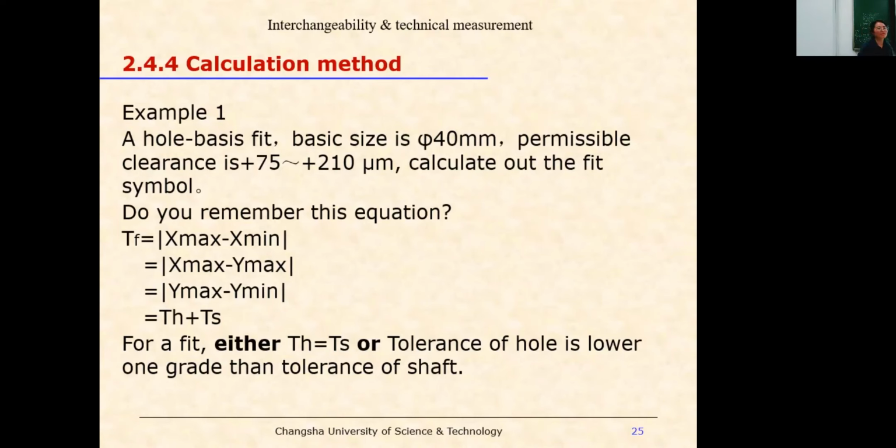Which one? Yeah. Table. The table 2.5. Okay, result of the EI of the shaft. Balance.